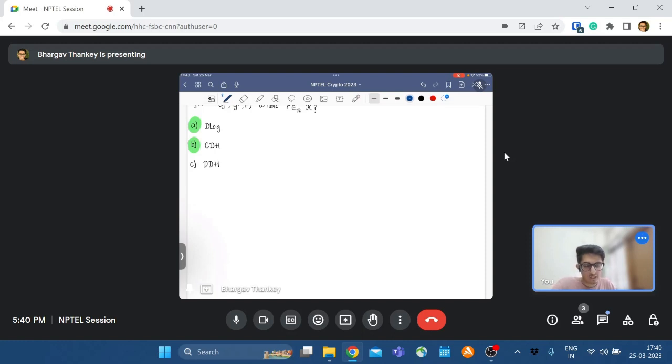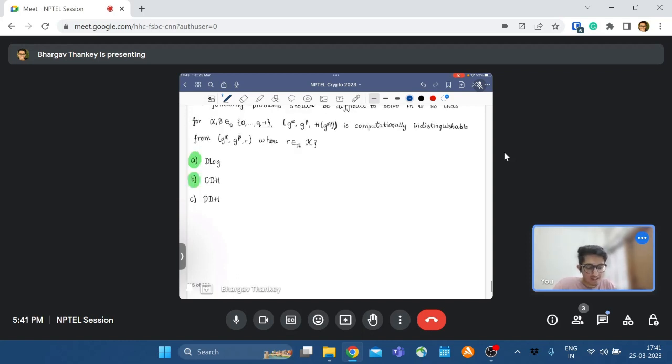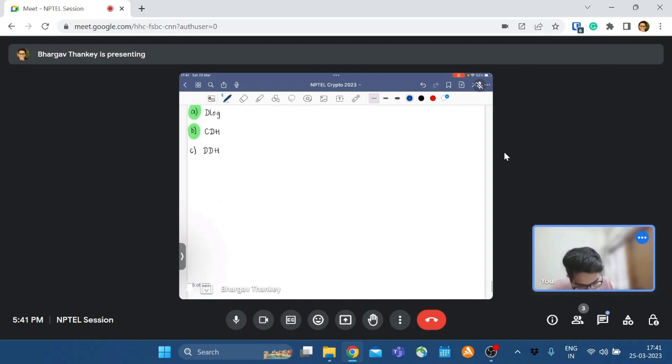We know that D-log being hard implies CDH being hard, right? So what I'll show is that if CDH is easy, then we can distinguish between these two, and that would also imply that if D-log is easy, we can distinguish between the two, because whenever D-log is easy, CDH is easy.